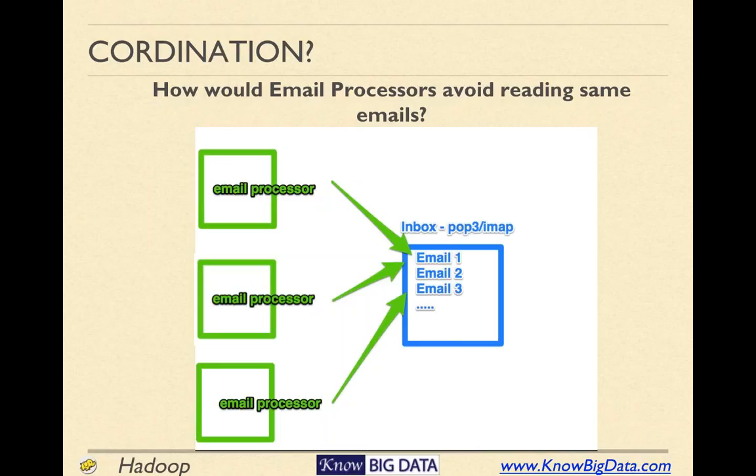In those cases, what we used to do is create a local file to coordinate, but here these email processors are separate machines. So what we need to do is create a central database where we can write the data and coordinate.